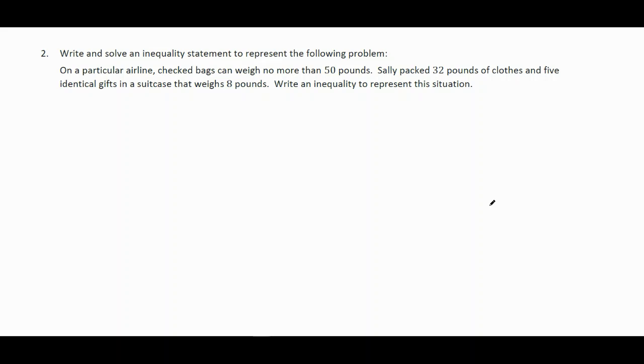So for this one, let us look at this. It says here no more than 50 pounds. So it means 50 pounds is the maximum weight limit. So it means it should be less than or equal to 50 pounds.